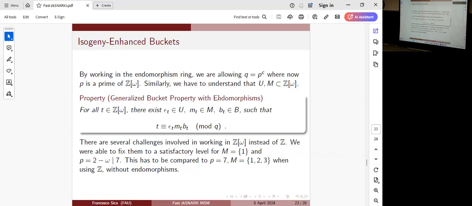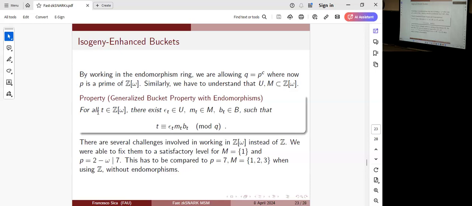So these can all be computed on the fly, and so we replace the Lefougon property 1 with the property that for all t in Z omega, you can write t as a unit times bt, where bt will be some bucket that we have to define, and here we'll just take it equal to 1, like in the Pippenger algorithm, to make things simple. And as in Pippenger, we only need to store endpoints. No multiples. So now here, Q will be a power of a prime.